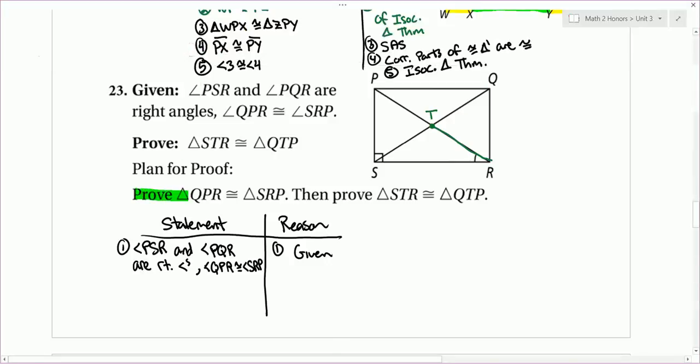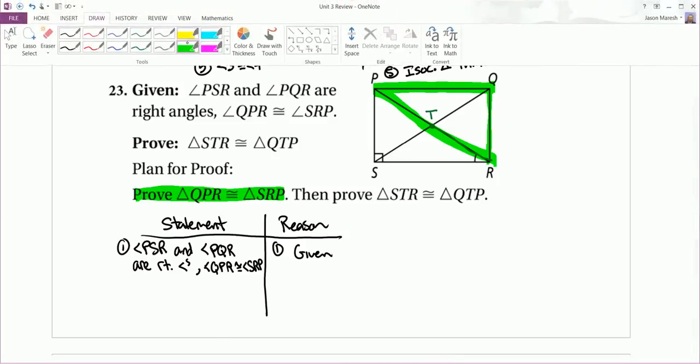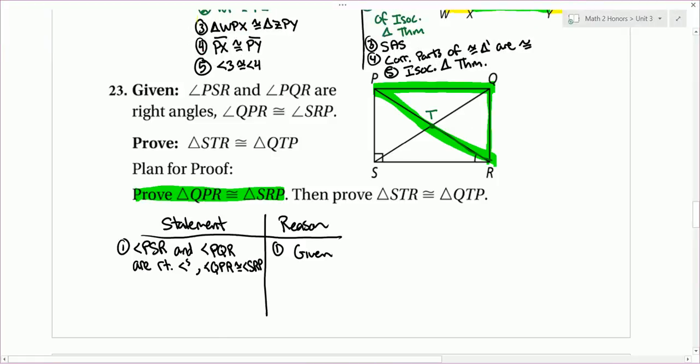So right here in green, prove this first in our plan. QPR, so that one right there, congruent to SRP.